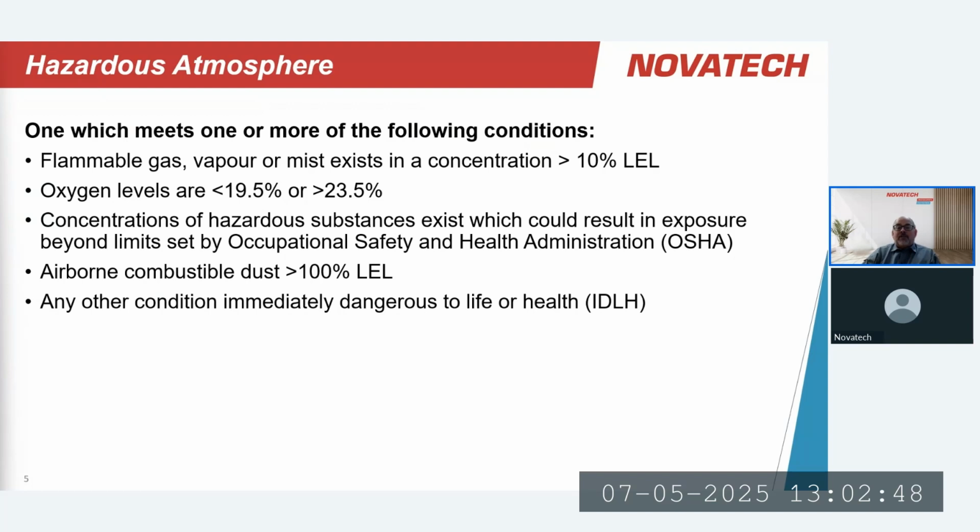Oxygen levels that are potentially outside of our normal comfort zone, so the areas where humans require oxygen levels to be to exist and to function, and the presence of hazardous substances, which we might label generally as toxins or asphyxiants. There are categories of hazardous atmospheres that exist because of the presence of dusts, but even things such as very high temperatures or pressures can also be identified as hazardous atmospheres. For the purposes of today's presentation, we're really focusing on the first three.